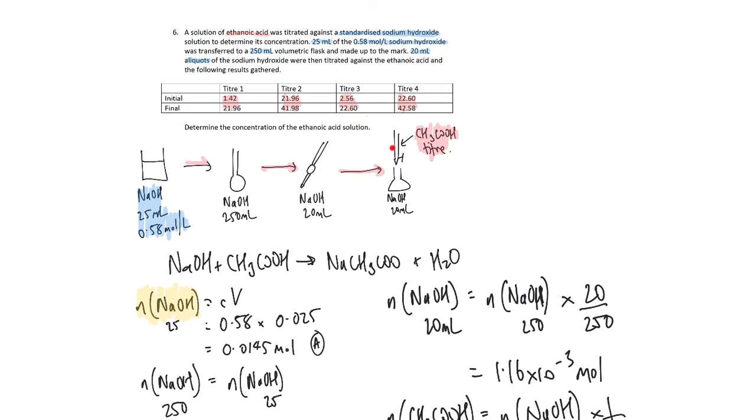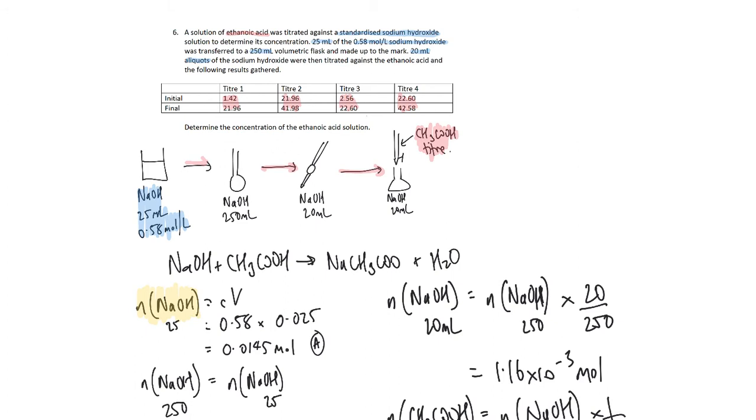We have the amount of ethanoic acid that was delivered to react fully with a 20 ml aliquot of sodium hydroxide. We have the number of moles, but we don't have the volume to work out the concentration.